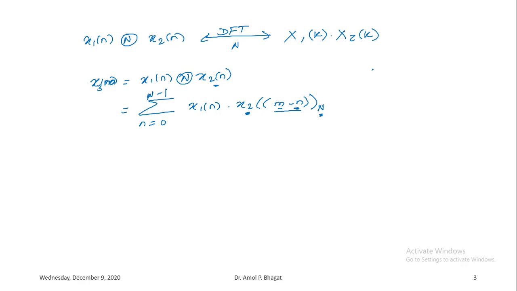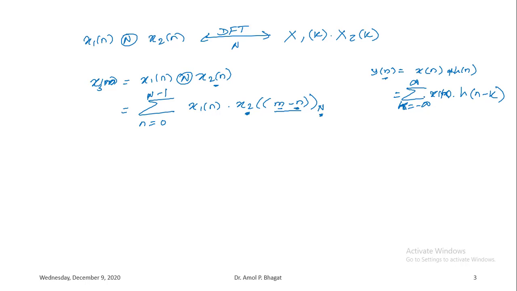If I'm talking about the linear convolution, y of n, which is nothing but the convolution of x of n and h of n, what we have seen, the formula for that is k equals minus infinity to infinity x of k into h of n minus k.